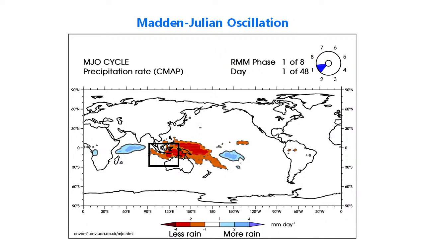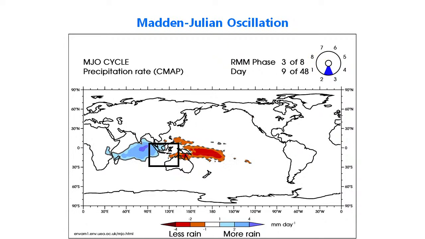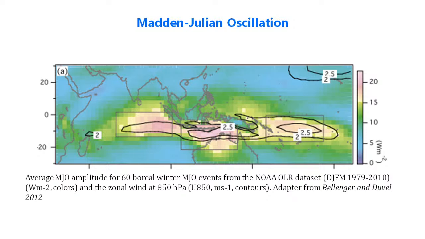From the literature we can identify that the color in this figure represents the amplitude of the Madden-Julian Oscillation, and the contours represent the wind forcing.